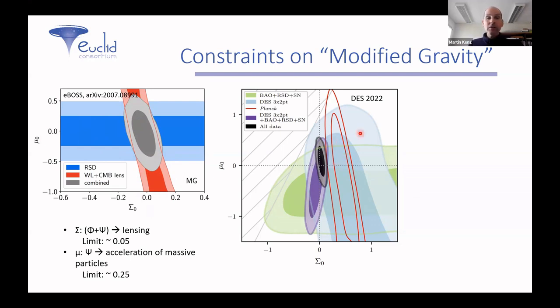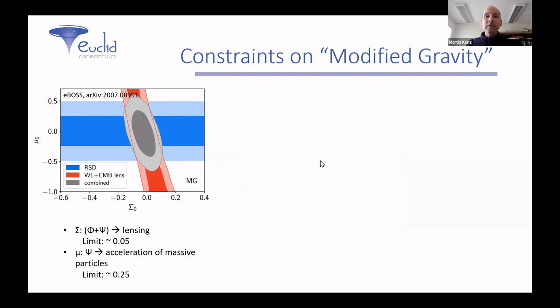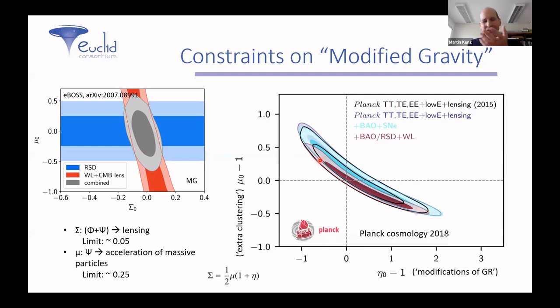And here is another slightly more recent figure from the Dark Energy Survey, where you see that the all data contours are actually very similar between the two. Here is a figure from Planck, just because I was in Planck. Here I don't show mu sigma, I show mu eta, because at that time we used that.